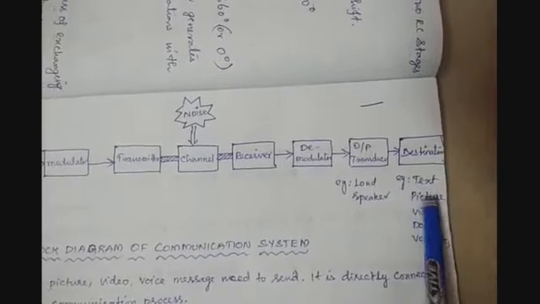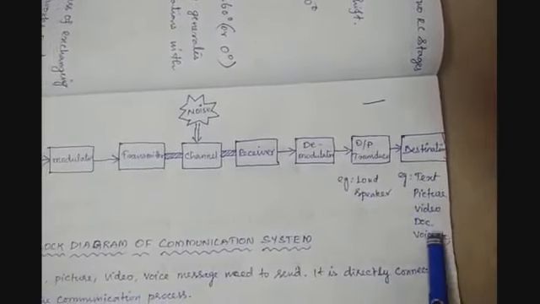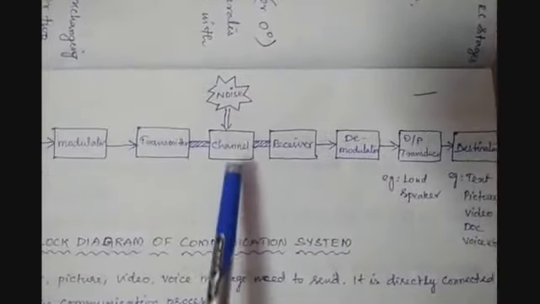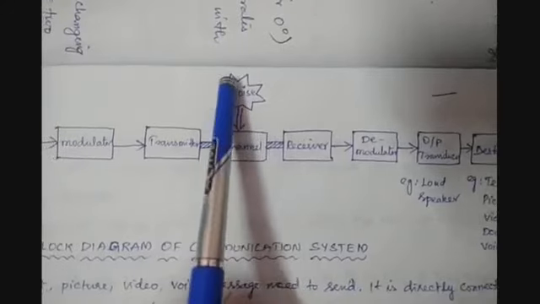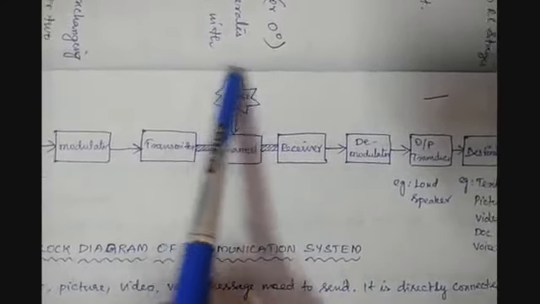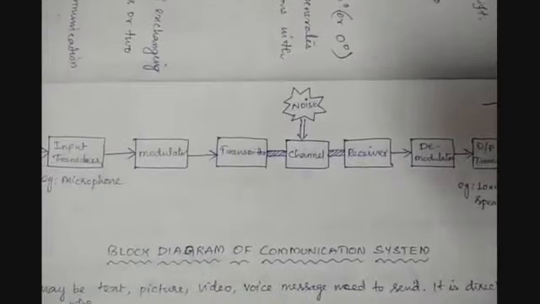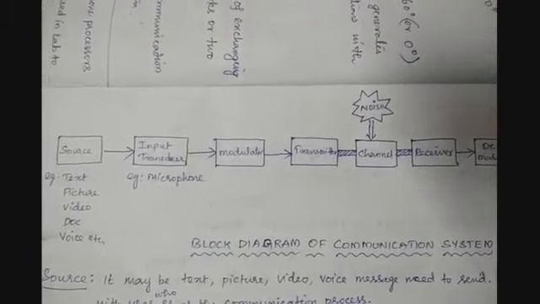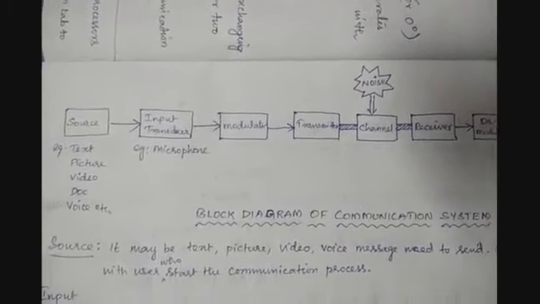Here also text, picture, video, document, voice, etc. And in the channel, there is a possibility of unwanted signal interference, that is called noise. So we'll see about each and every block in this communication system.